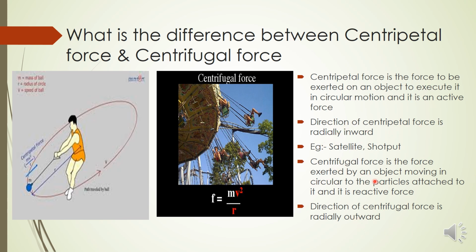Centrifugal force is a reactive force, and its direction is radially outward. Examples are a giant wheel and a centrifugal pump. A number of examples are there. So our centrifugal pump uses this reactive, radially outward force for its working.